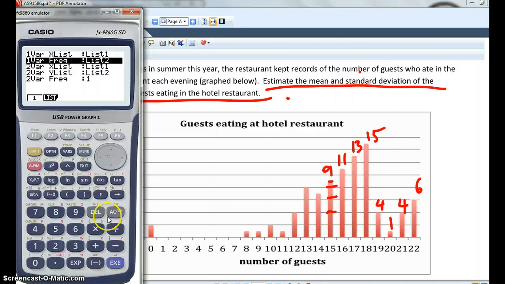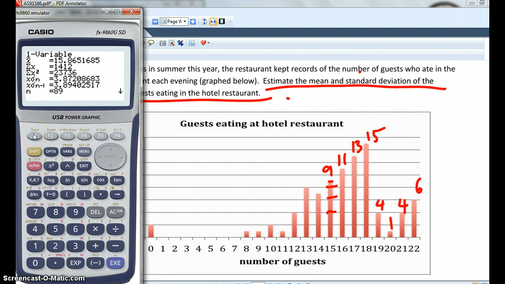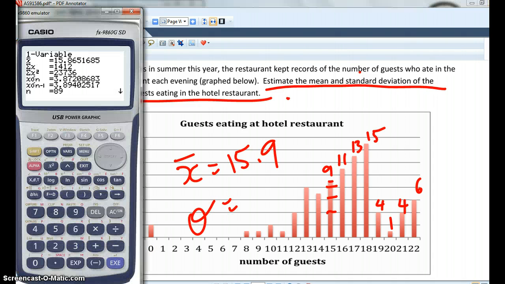Okay, execute, and so now one variable, and I have got n is 89, I've got a mean of 15.9, and the standard deviation of, is it frequency of days? Hang on a sec, that's 3.9.